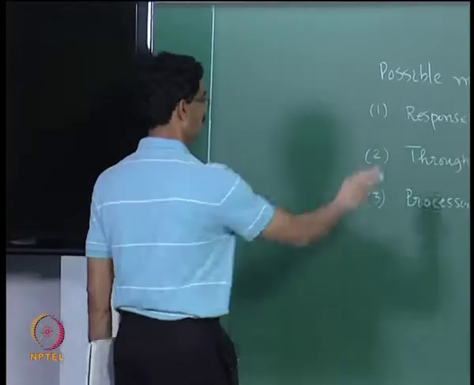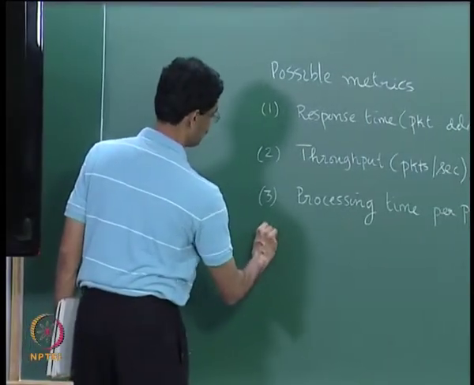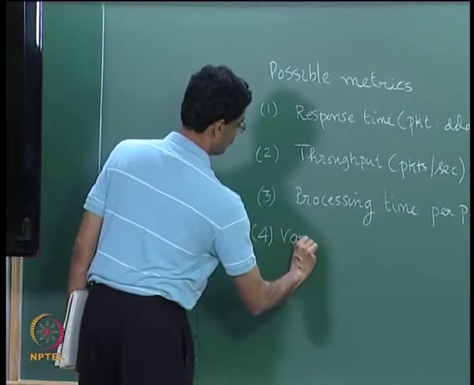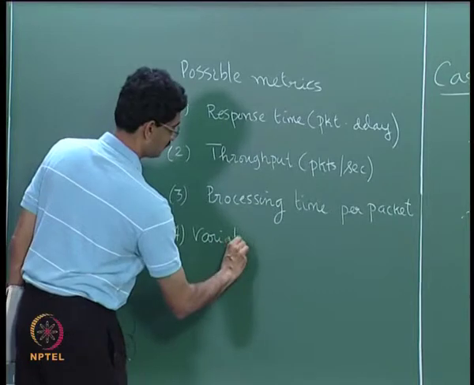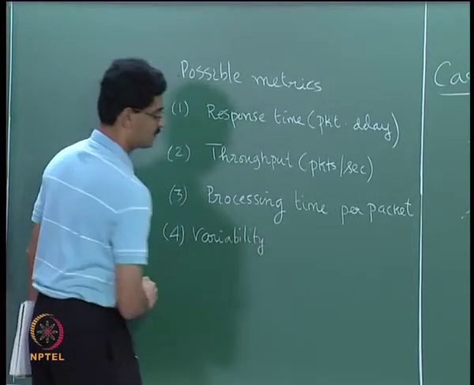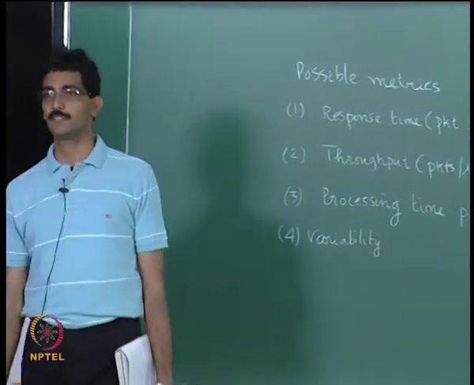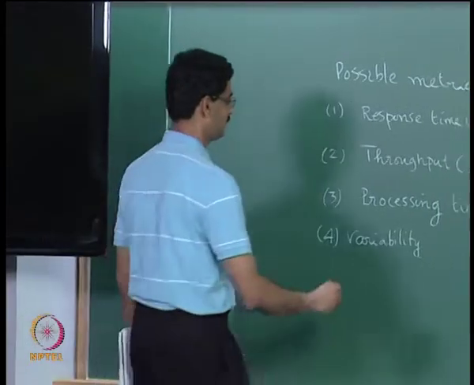So we can look at variability in response time, which is technically related to this one, it is not a separate metric, but just to be in sync with what the book has, I will list that as another metric, variability in response time.